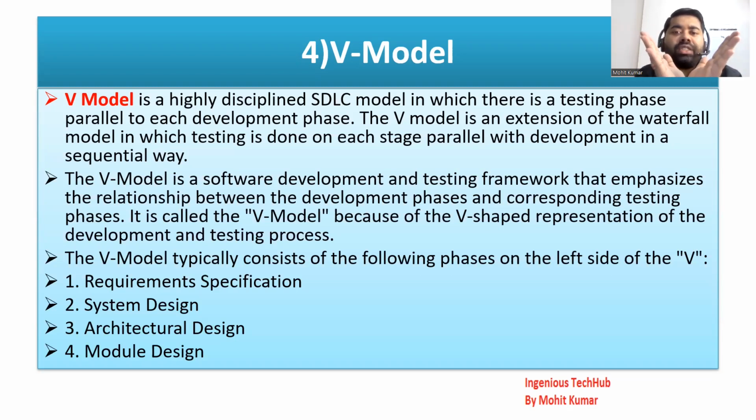We will also discuss what phases come on the development side and what comes on the testing side. The V model is a software development and testing framework that emphasizes the relationship between each development phase and its corresponding testing phase. It is called the V model because of the V-shape representation of the development and testing process.